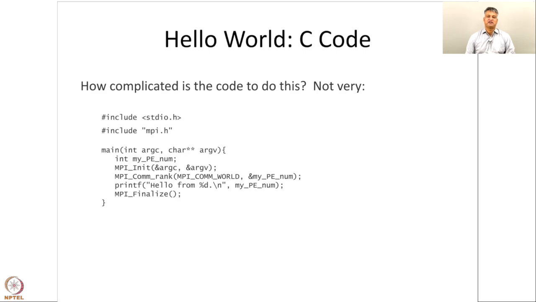Also, if there is any additional information like where we need to run these processes, you can specify them explicitly, or you could use some advanced sophisticated queuing systems, which we will discuss later. So, the first bit of information that comes to this code is that you need to run multiple copies of this code. So, the MPI_Init function takes in the information of how many copies of this code need to be run and where they need to be run.